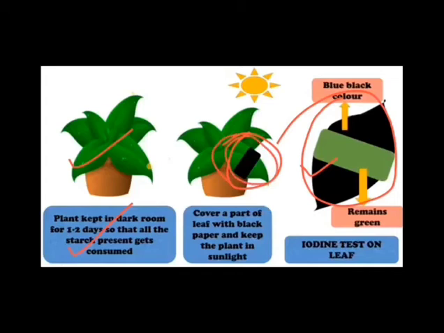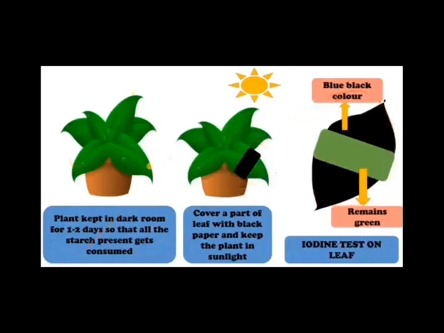So what does this indicate? This indicates that the part of the leaf which is not covered by the paper, in the presence of sunlight, makes carbohydrates, but the part of the leaf which didn't get the sunlight doesn't carry out the process of photosynthesis.